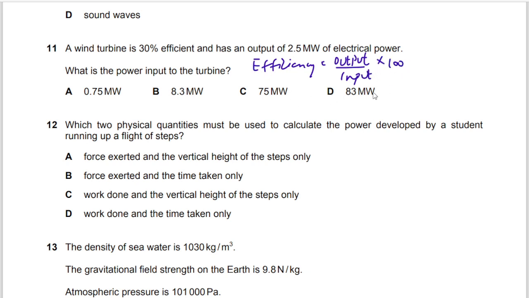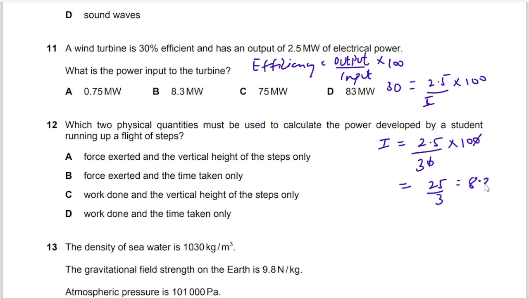Efficiency is already given, which is 30. Output is given as 2.5. Input I have to find, so I write it as I into 100. If I solve it, I equals 2.5 over 30 into 100, which is 2.5 into 10 is 25 over 3, which gives me 8.3 megawatt. So the correct option is B.